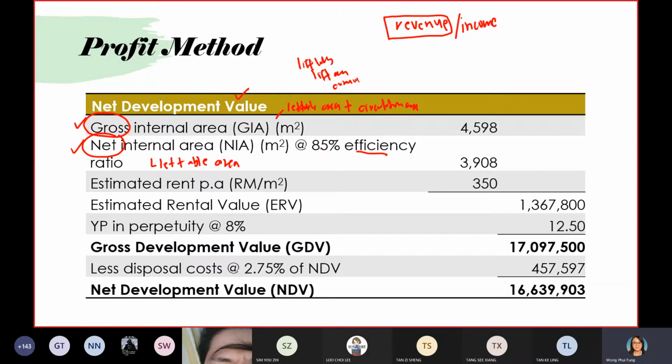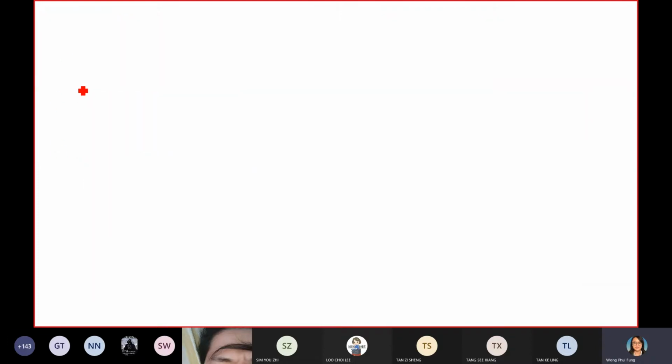Then the efficiency ratio. If you see here, efficiency ratio, I use the next slide. Efficiency ratio is a ratio that you use to determine the percentage. The formula is net area divided by gross area: efficiency ratio equals net area divided by gross area times 100%. That is formula number 1.